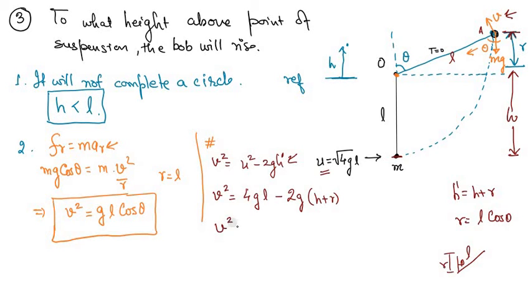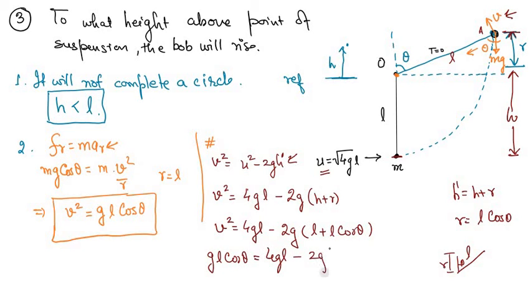So you can write v square is equal to 4gL minus 2g times h, where h is L plus r, which is L plus L cos theta. If you solve this equation, and you know v square is equal to gL cos theta, put it here: gL cos theta is equal to 4gL minus 2gL minus 2gL cos theta.